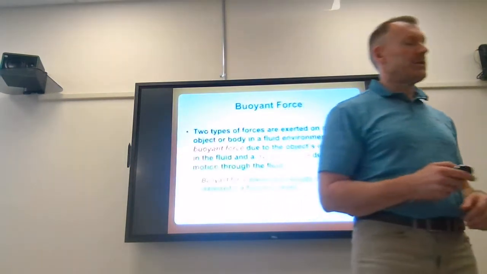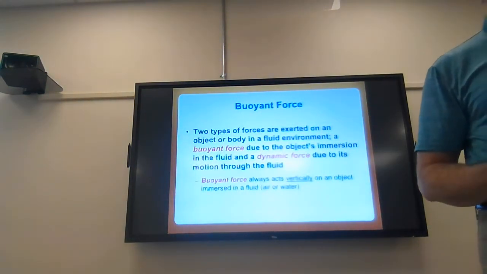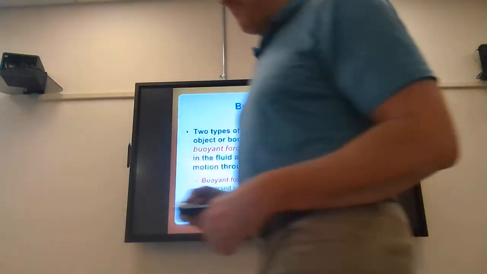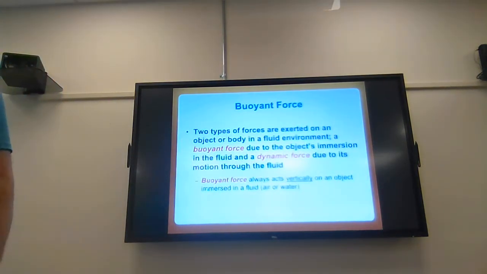So we can almost think of the buoyant force as a reactive force. When we jump, we push into the ground. What does the ground do? That's the reactive force. So when we do tests on the force plate, what we're measuring is the reactive force from the ground.